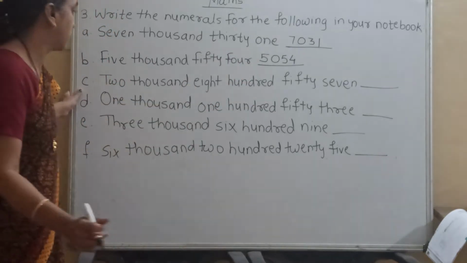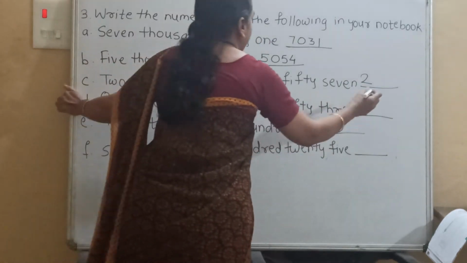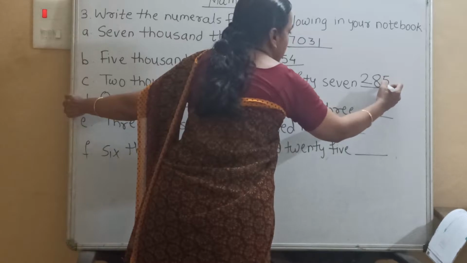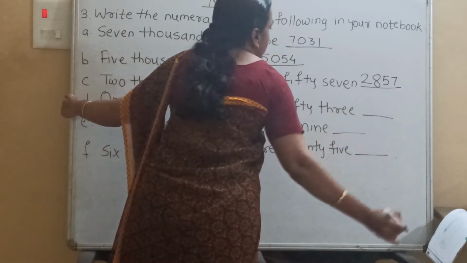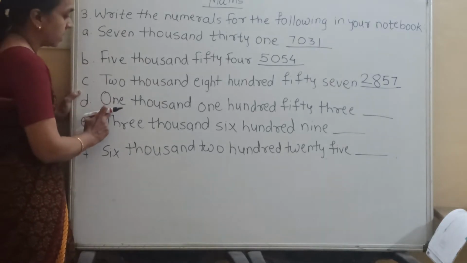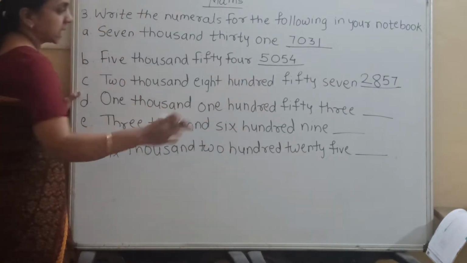Okay. Now see the next question. 2857. Start writing. 2857. Like this you have to write down. Now see D question. 1153.